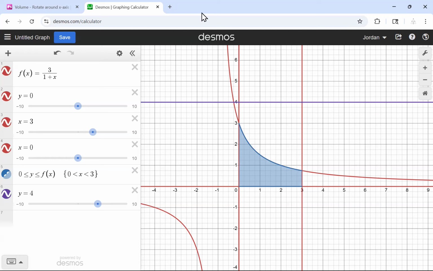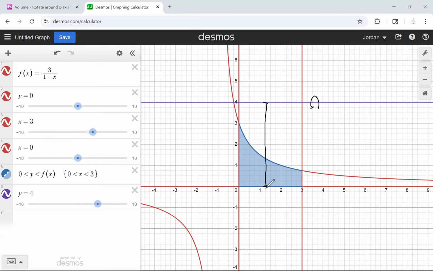And if I rotate around y equals 4, then notice that my outside rectangle is going to start at the x-axis.